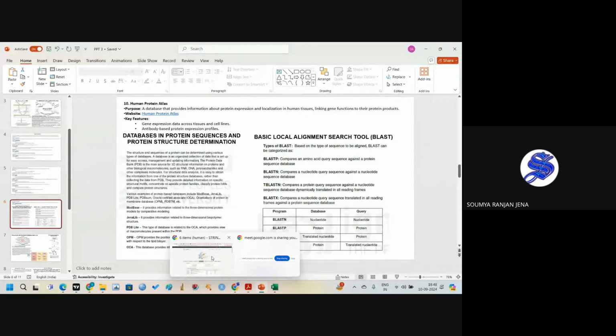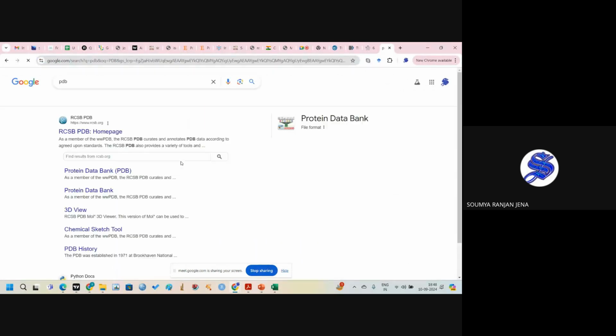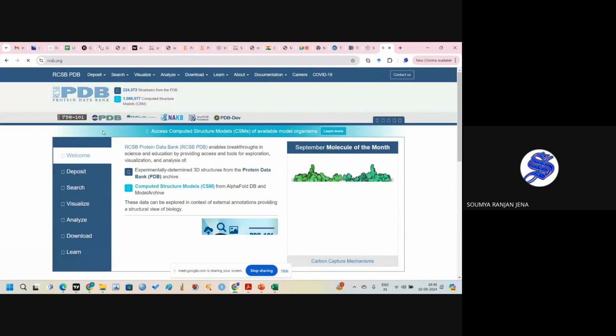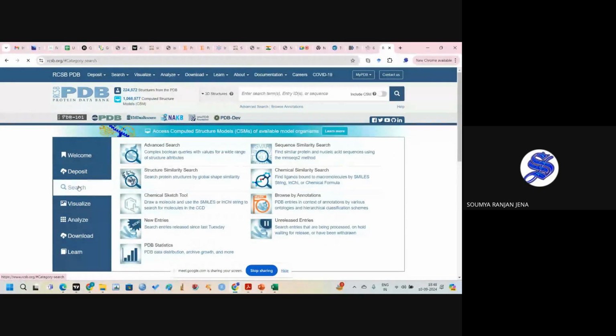If we go to one example of a protein database, that is PDB, this is the PDB homepage. Here you can search.